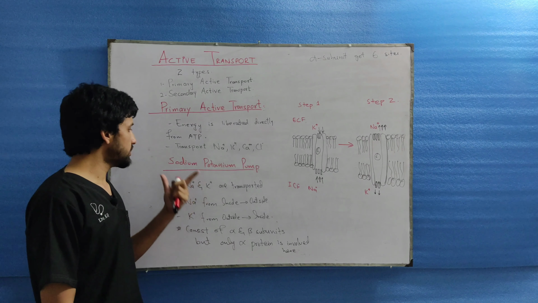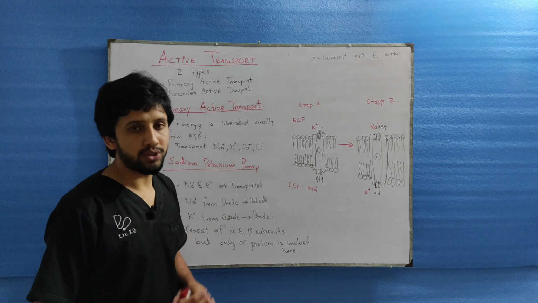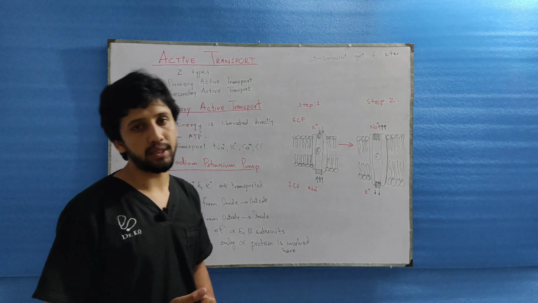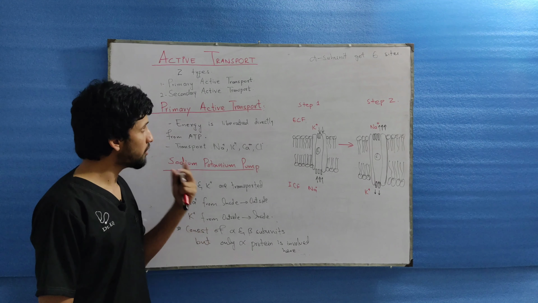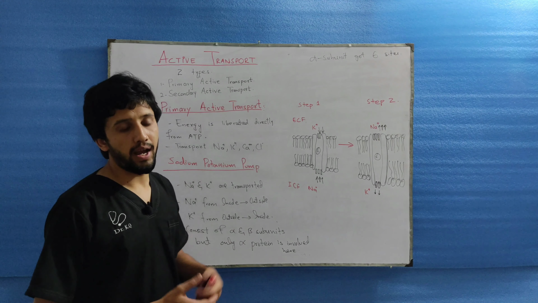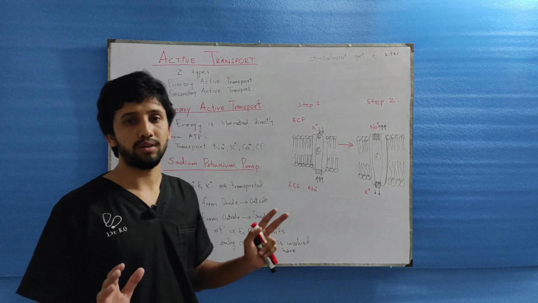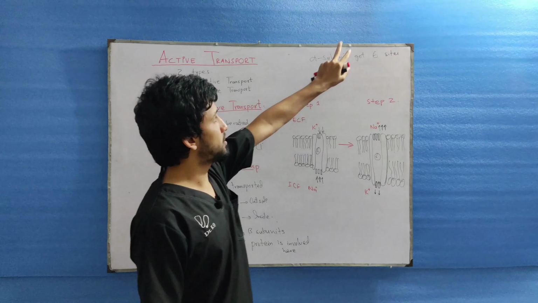So what is the structure of this sodium potassium pump? It consists of alpha and beta subunits. The alpha subunit consists of further 6 sites, but the beta subunit has its role which is not confirmed yet. So what does this alpha subunit consist of?